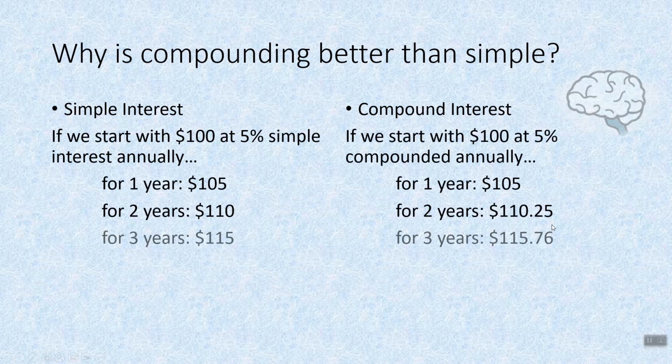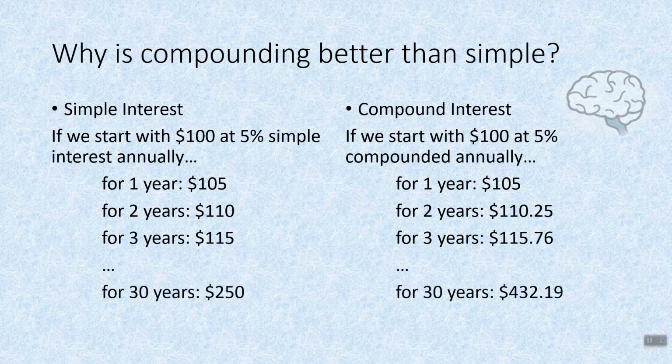What's the big deal? After the third year, I'm up 76 cents. I still can't buy anything from a vending machine except maybe a pack of gum. But if we keep doing this, compound interest is in it for the long haul, right? It'll be there for you in the end. After 30 years, we're more than 4 times what we started with, whereas with simple interest, we're only 2.5 times as much as we started with.